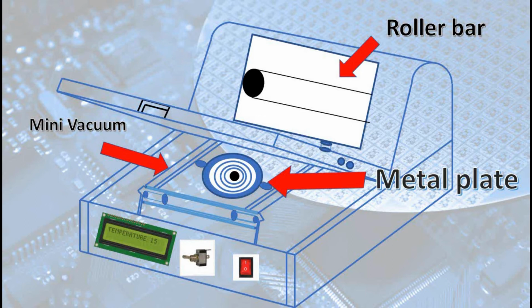plastic or anything else. And then we also add an additional feature at the roller bar, which is the gear adjuster. We add this feature to save the usage of the mounting tape.